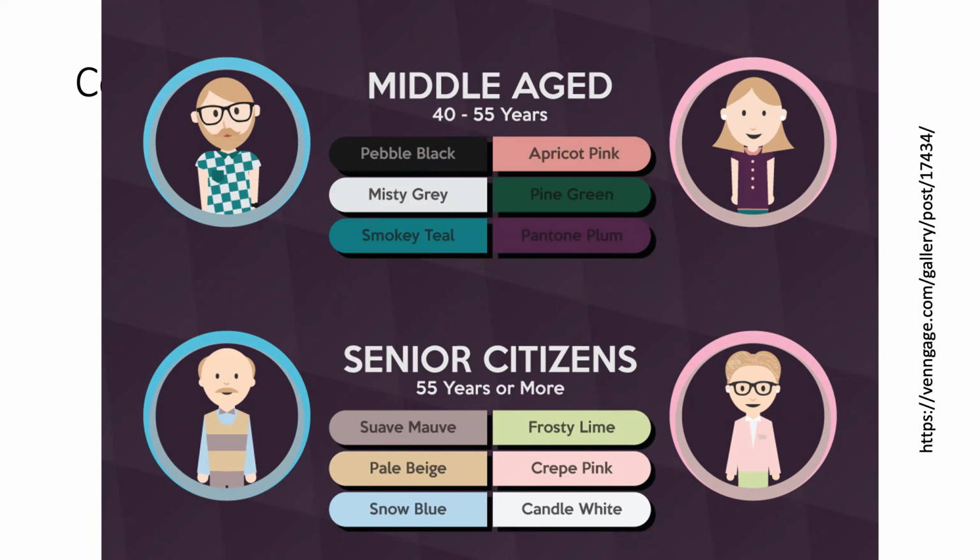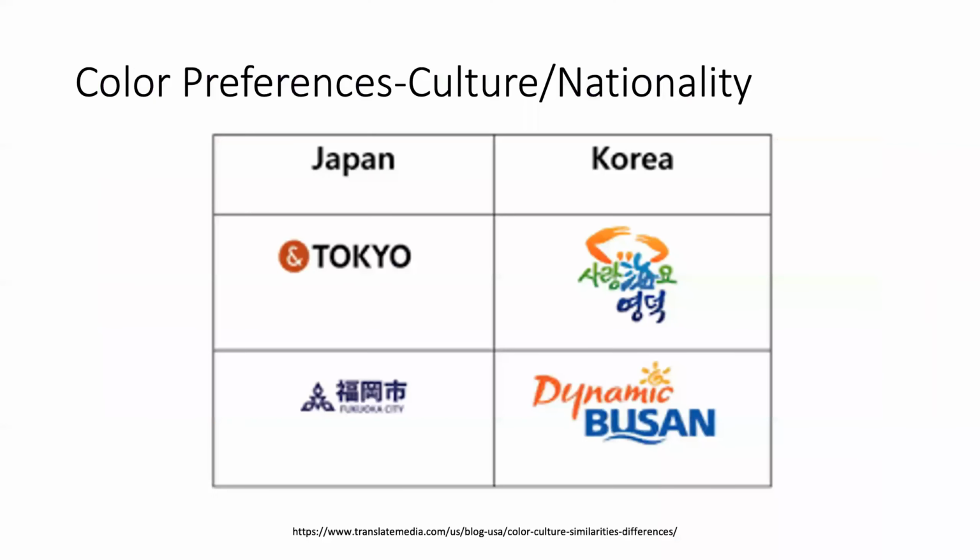Okay, senior citizens, 55 or more. Sorry, I'm in that category. I do not like those colors. Suave, mauve. Okay, give me a break. No, I'm still much more bright colors, black and white, things like that. I'm kind of feeling a bit more middle-aged rather than a senior citizen.